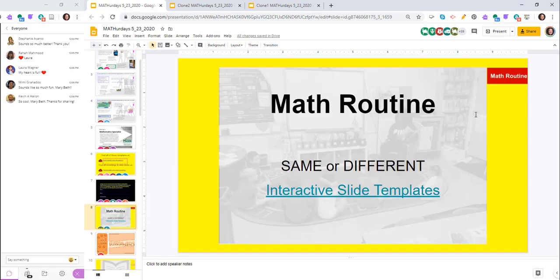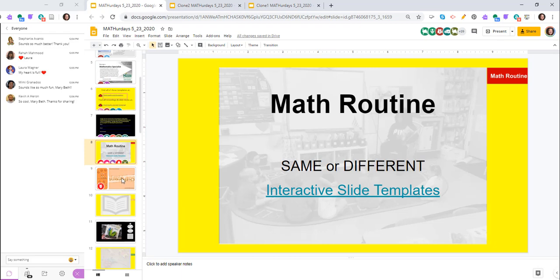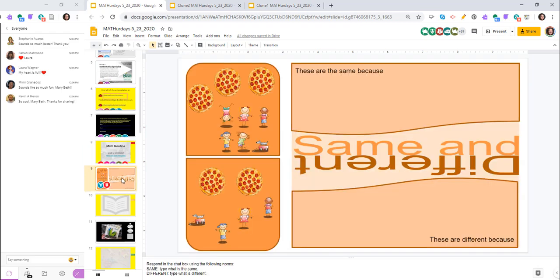All right, let's jump right into the math. We're going to start with the same and different routine, and that is on slide 9. I'm going to ask for this routine that you type in the chat box and collaborate. I'm going to go over this norm. If you see something that is the same, you're going to write the word same, colon, and how it is the same.